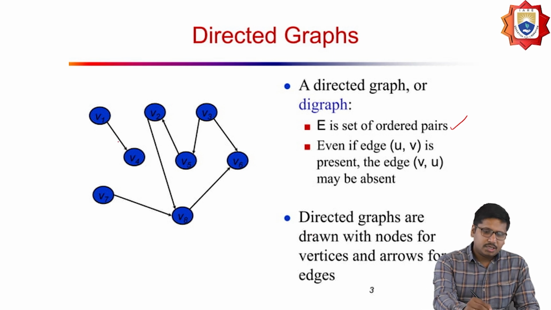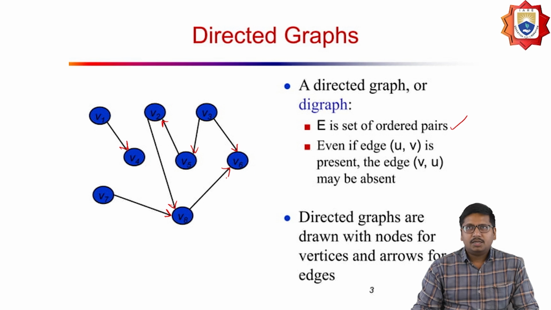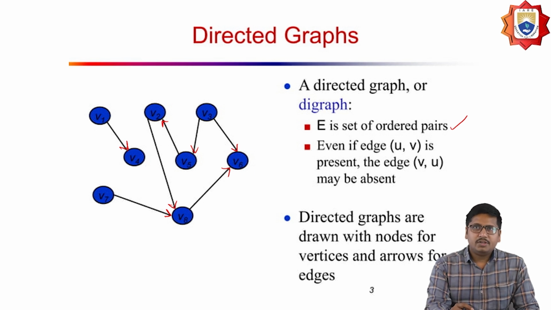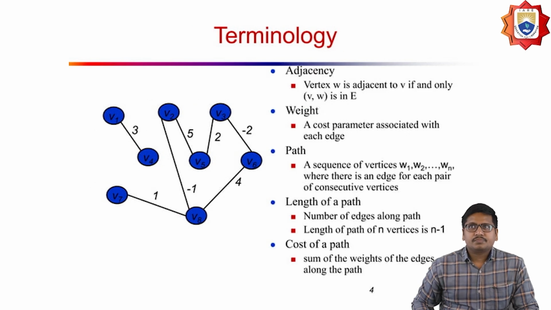This is a directed edge, and that is why we call it a directed graph. A graph is said to be directed if the edge set has directions.